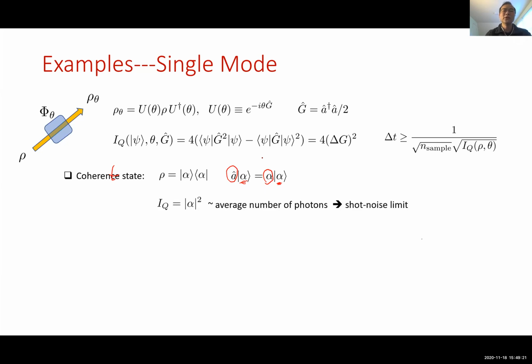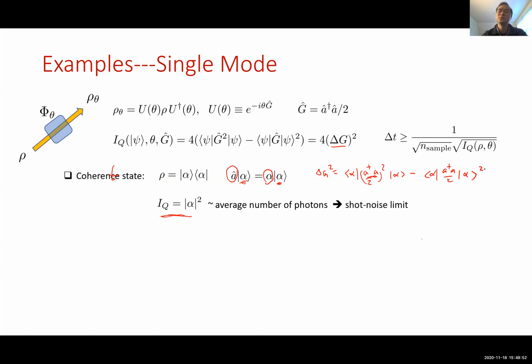And you can evaluate the Fisher information because that's really just the variance of that. So let me just write the variance: it's really A dagger A, there's a factor of 2, minus alpha, A dagger A over 2, squared.